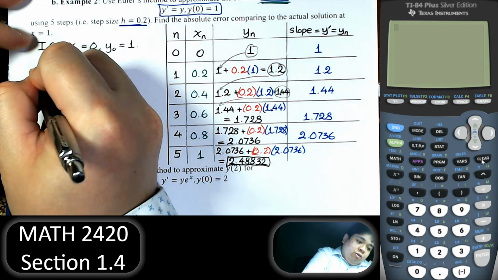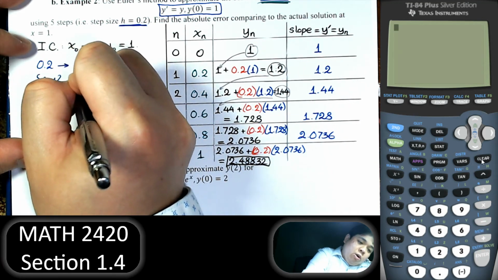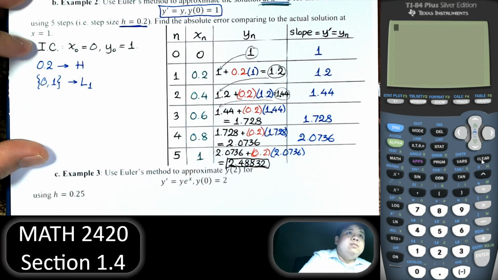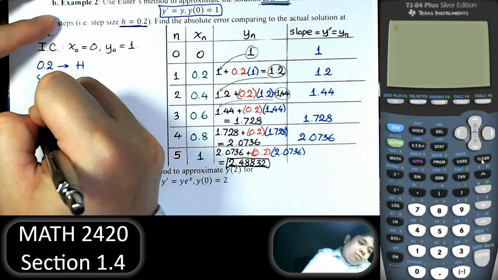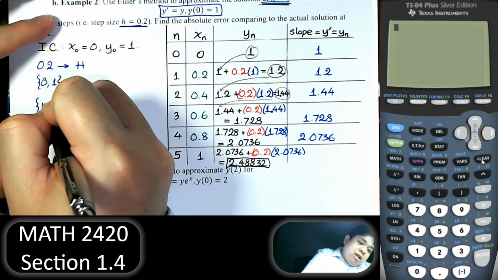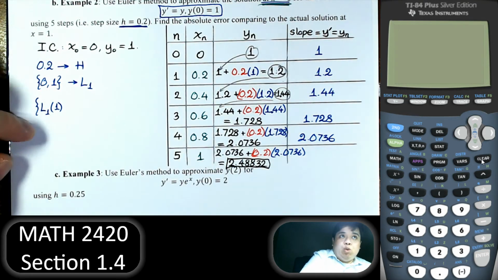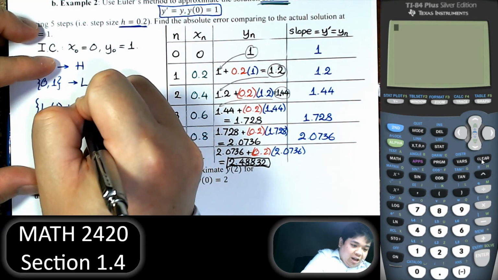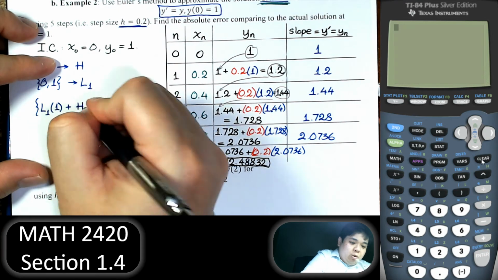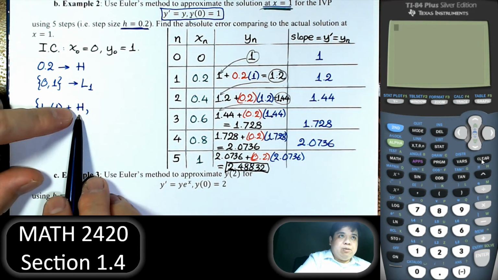Next, the initial values are 0 and 1. We will store that into L1. So that's the initial condition. Next, we will update the list as follows. The first component, which is x, will be added by h, like x of n plus h.